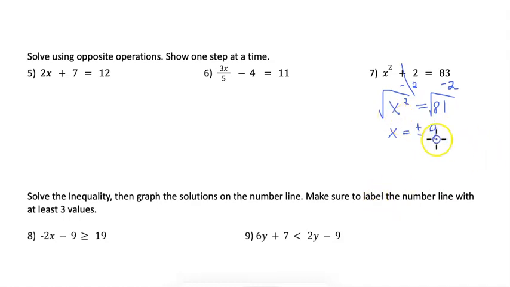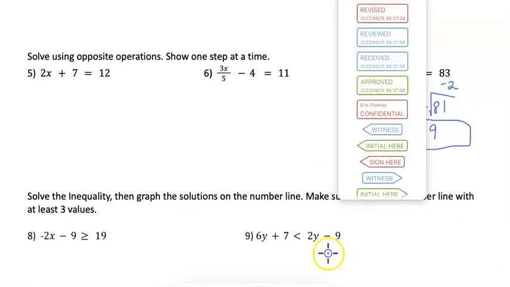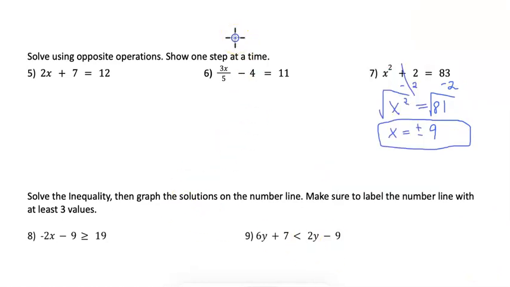The reason we need the plus or minus is because if I square -9, that's still 81, in addition to squaring +9. So this is kind of a preview into more quadratics that we'll eventually be spending a lot of time on in second semester. So here we've got 2 solutions there.